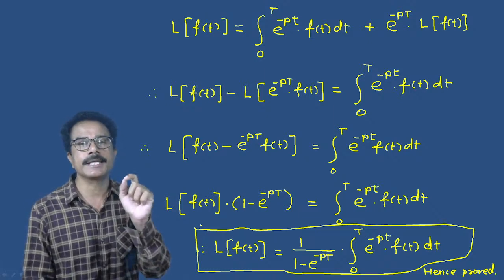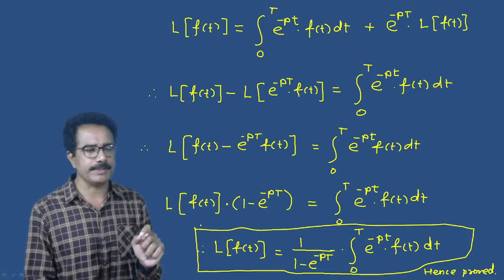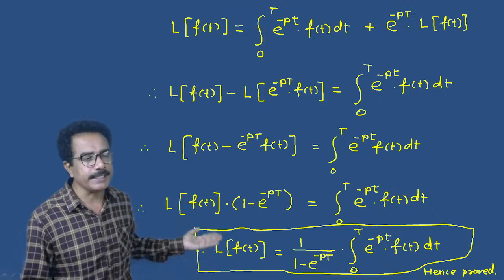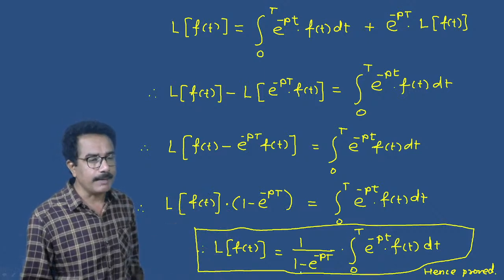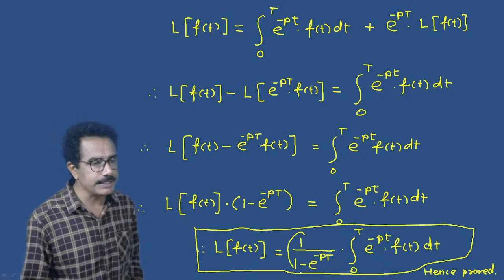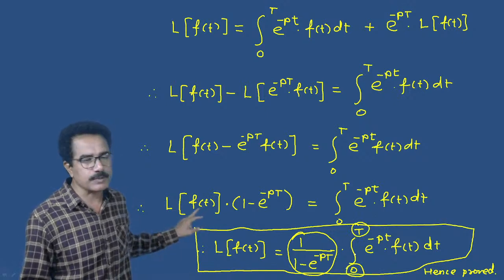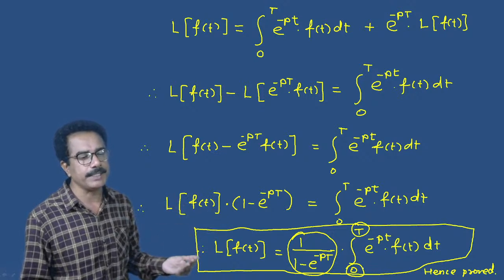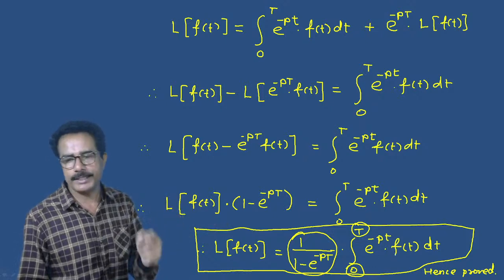If the period is capital T, then we can write the Laplace transformation in the form of limits of the integral 0 to capital T, and the multiplier is 1 upon 1 minus e raised to minus pT. So L of f of t is equal to 1 upon 1 minus e raised to minus pT into the integral from 0 to T of e raised to minus pt f of t dt.